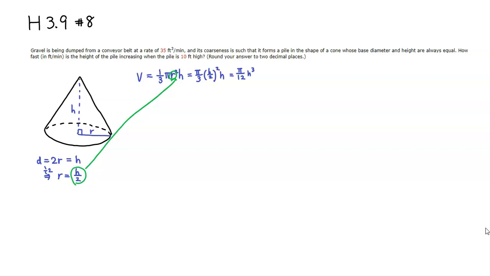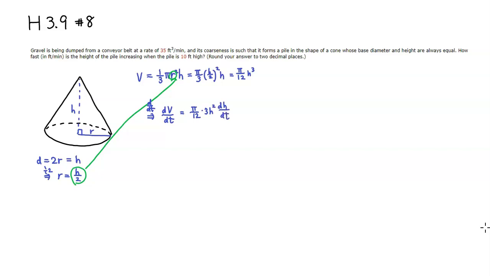Right? So we can just take the derivative of V with respect to t. Pi over 12 is just a number, and the derivative of h cubed is 3h squared times dh over dt.